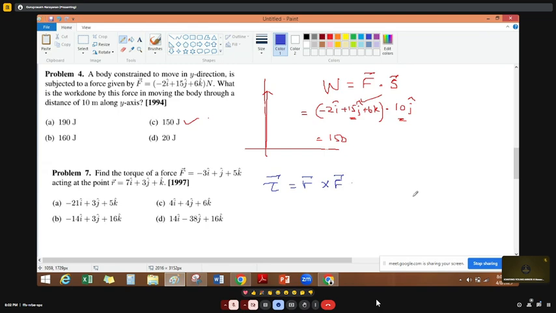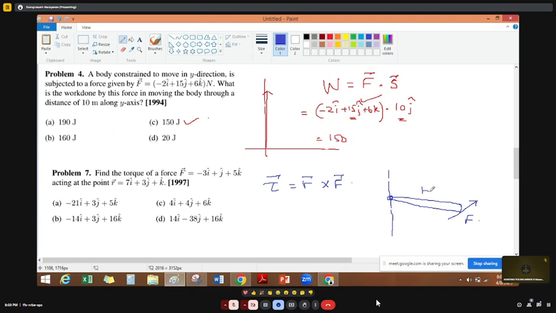Okay. How to understand this in a diagrammatic way? Imagine that I have a rod like this, like the blade of a fan. Suppose I try to turn it around this axis, and I'm giving a force here.